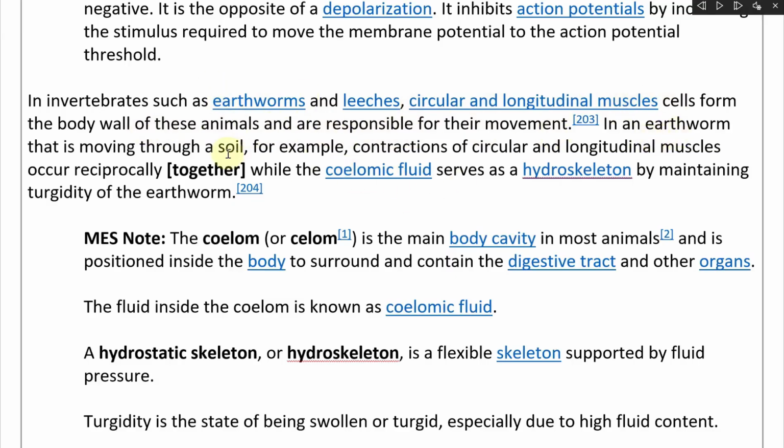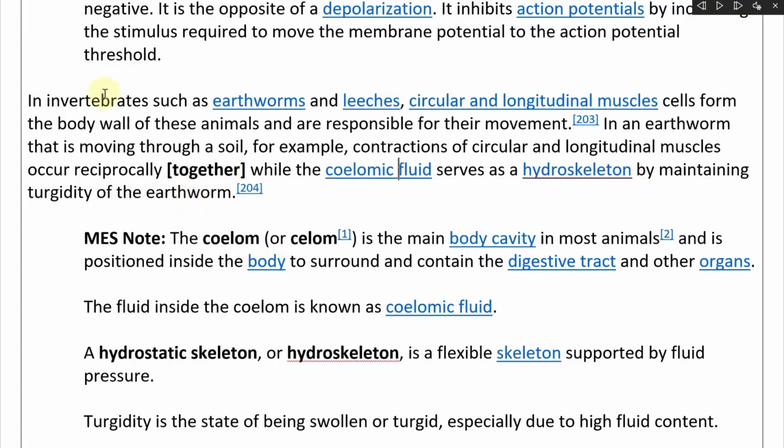In an earthworm that is moving through soil, for example, contractions of circular and longitudinal muscles occur reciprocally, or together, while the coelomic fluid serves as a hydroskeleton by maintaining turgidity of the earthworm.